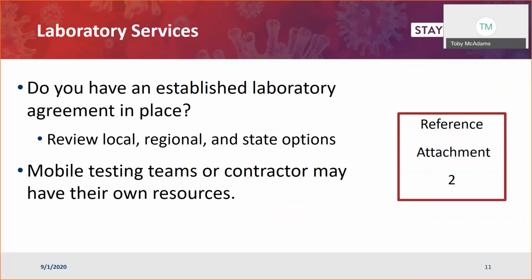One caveat here will be if you decide to go down the route of contracting with a mobile testing or swabbing team of any kind, and we'll talk about the different kinds that you might have, you'll want to ask them, do they have lab services as part of their package? Because most would have something, especially if they are in an organization, an entity that this is a product, a service that they provide. They would have those means there.